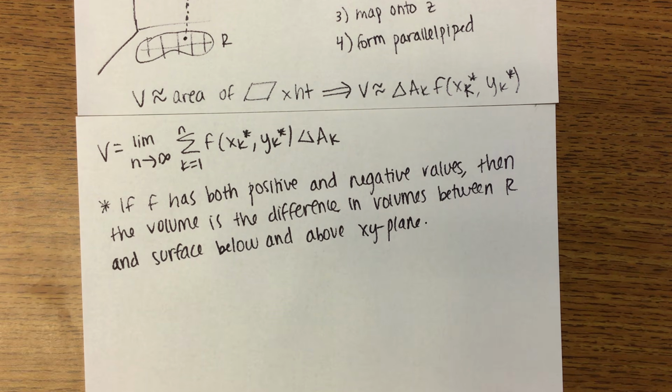So any part of the surface that's above the xy plane is going to have positive volume. Any surface below the xy plane is going to have negative volume. So then when you find the volume, it's going to be the difference between those two, similar to when you did area.